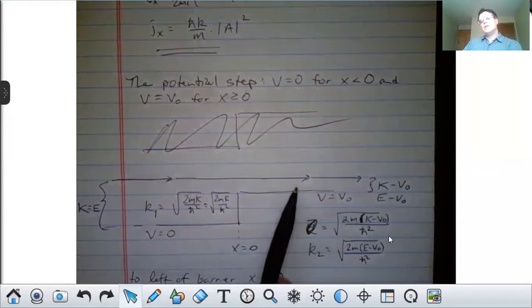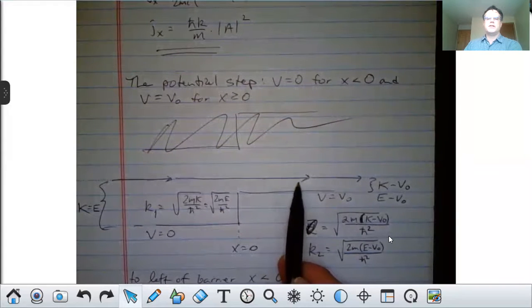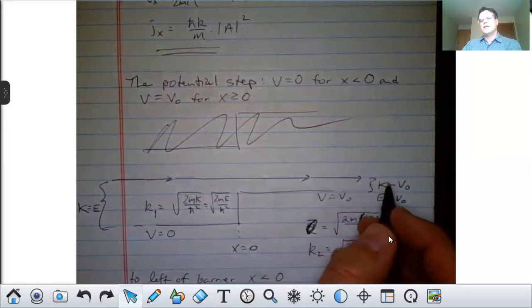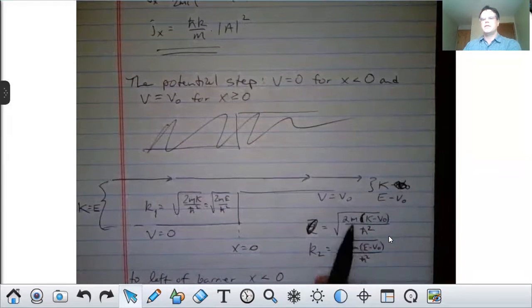When it gets to region 2, now the potential is higher and there is less kinetic energy. So I should say that the kinetic energy really is E minus V0. So let me scratch that out.